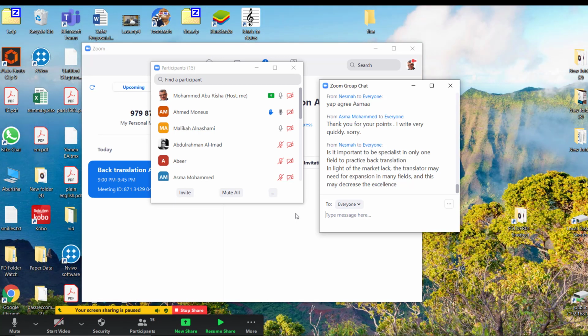But the opposite way is difficult for them, because they don't have that background about navigating websites and how to gather information, how to read the English text and how to master the translation skills, and how to translate from English to Arabic and from Arabic to English.